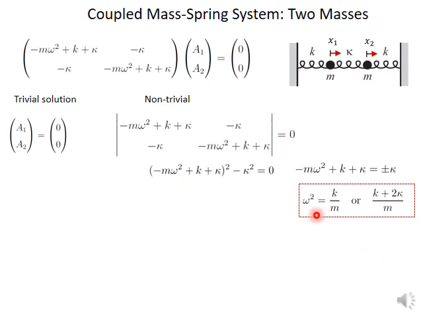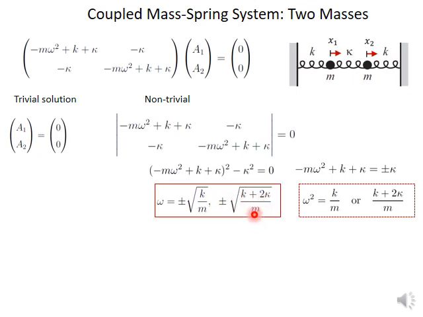Two values of omega square suggest that omega can have four values, and these values are given by plus minus the square root of k by m and plus minus the square root of k plus 2 kappa by m. So these are the four frequencies which our coupled differential equations give us.